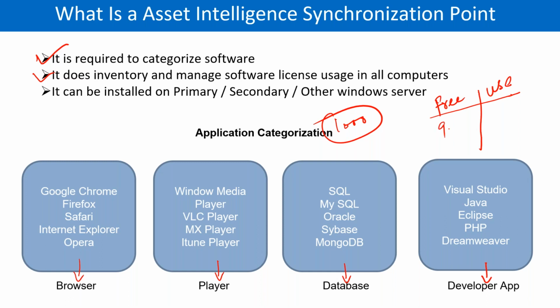Let's say 900 free and 100 in use. Those 100 computers' information, you can get, where the license is being utilized. So asset intelligence synchronization point is gonna help you to get those data. It does the inventory.